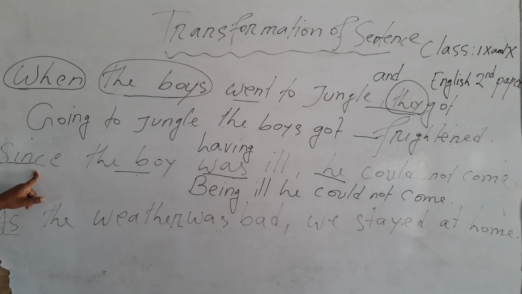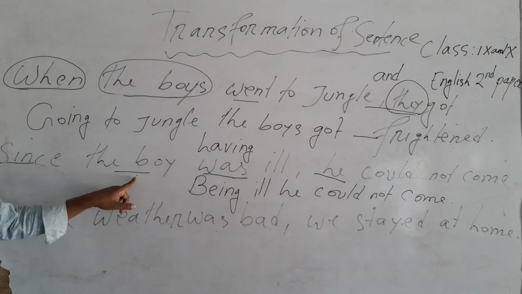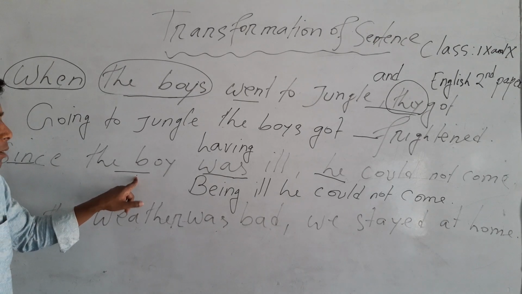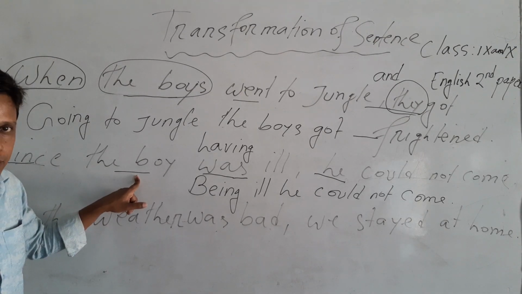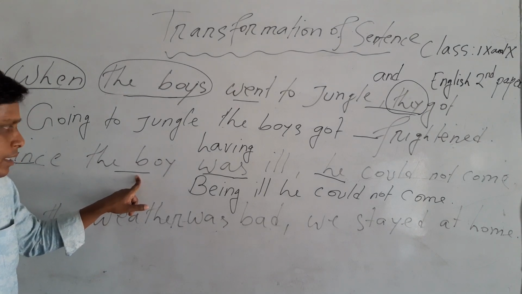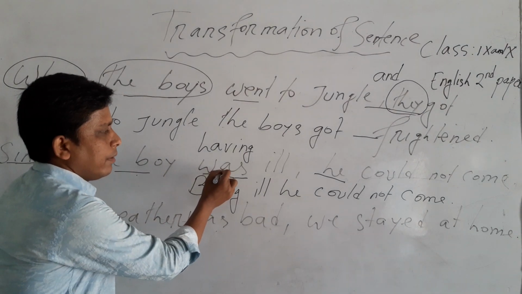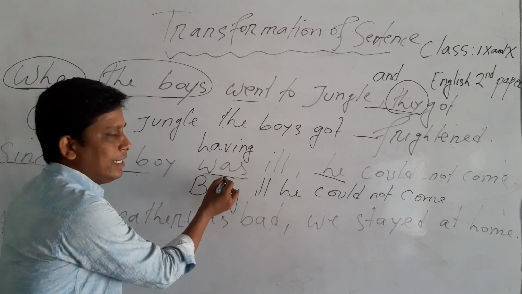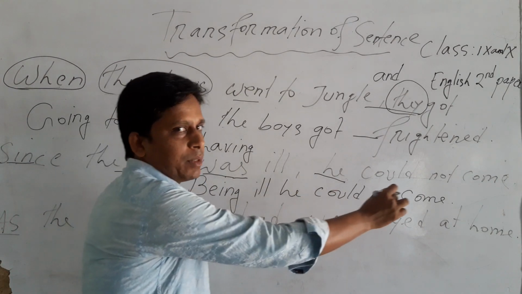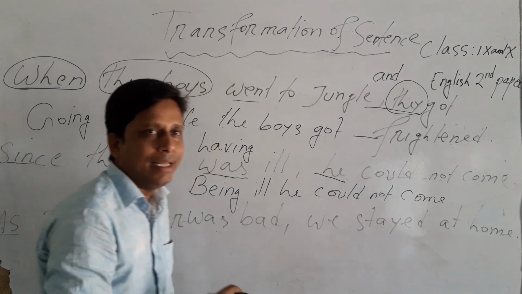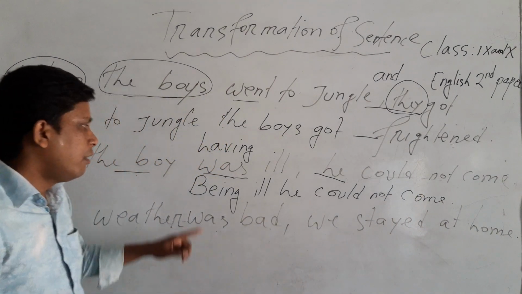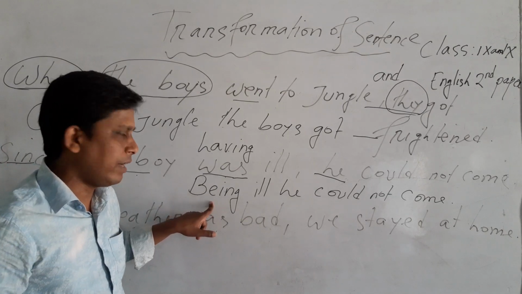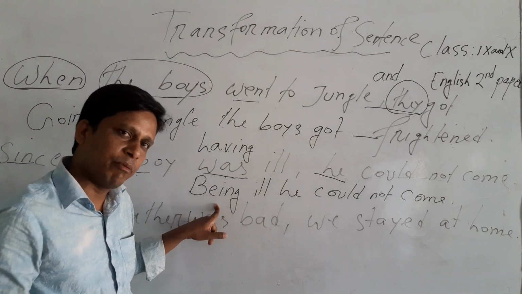Don't follow this rule, but for your more information, I am telling the rule. Instead of "since", at first write "because of", and the possessive case of the first subject, and being or having instead of the auxiliary, and the rest of the sentence. Then it will become a simple sentence. I think this is very easy to transform into simple, so follow this rule.